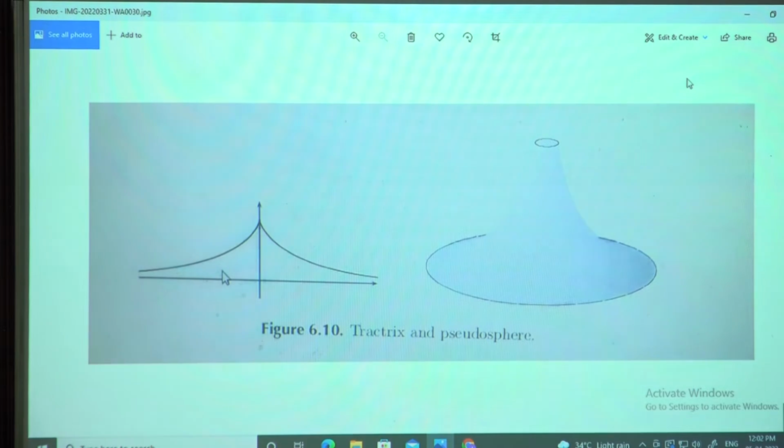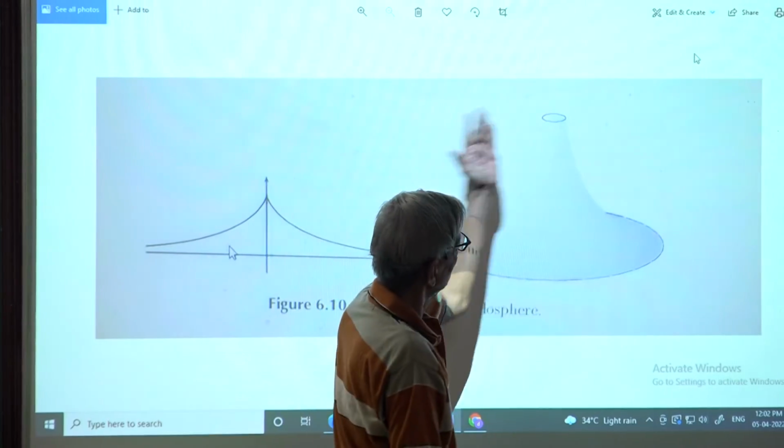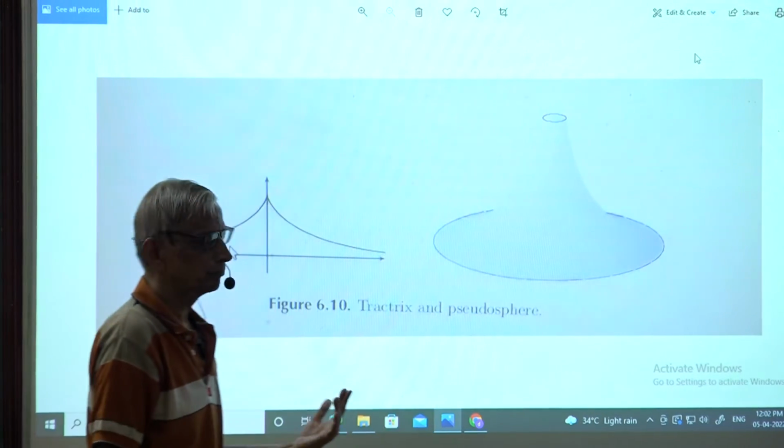So it's got by rotating a suitable curve, which is called the tractrix. This is a tractrix. So if you think of this picture like this vertically, you rotate this like that. So this is how you get it.